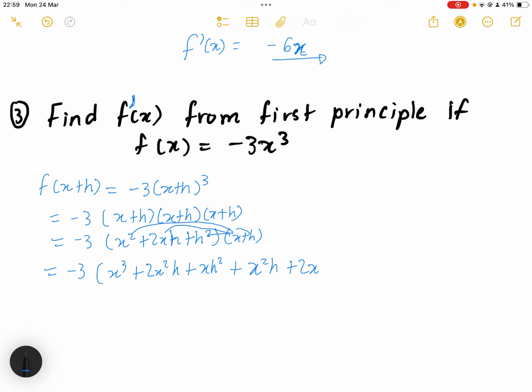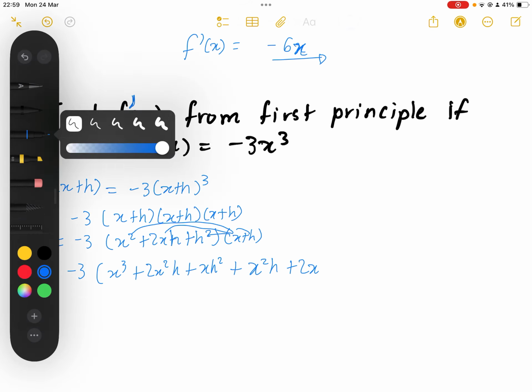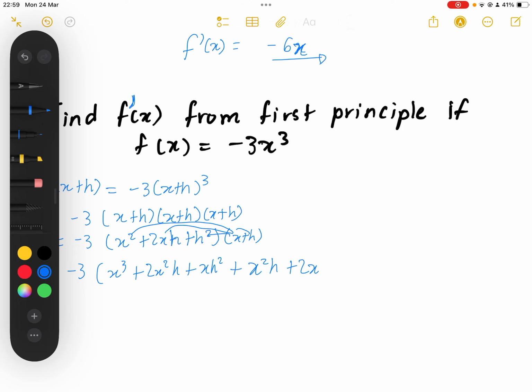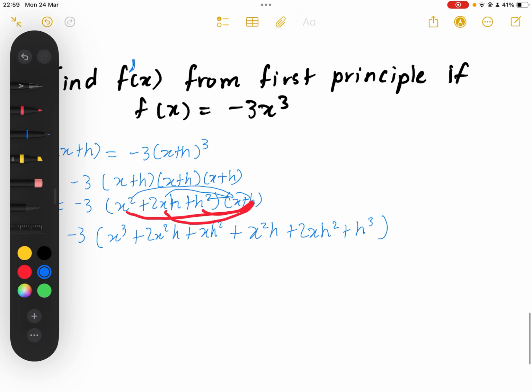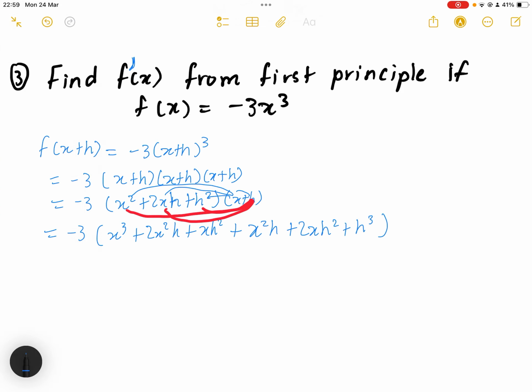Let me just show you by arrows. Here's the h, and now we are multiplying. So it's going to be 2xh squared, because it's the h multiplying the 2xh, and it's going to be h cubed at the end because it's h squared times h.